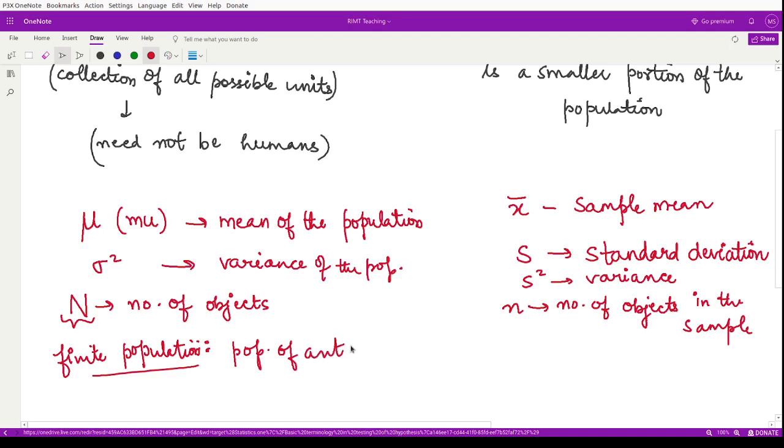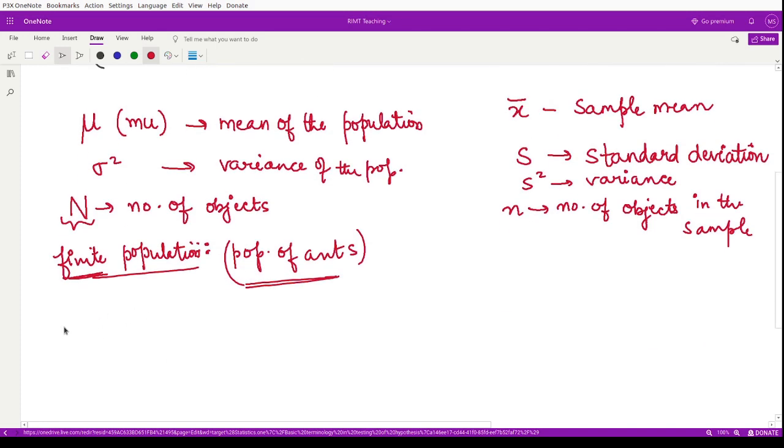That is a finite population, because you may count the total number of ants. The task would be quite difficult because there are so many ants, but still you are able to count them. So that comes under the category of finite population.